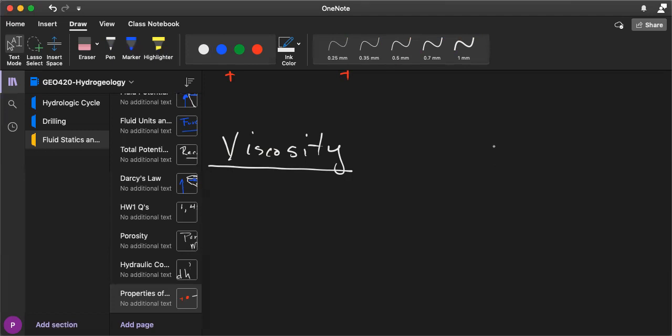When I say this fluid has a low viscosity, what does that mean to you? Yeah, it doesn't move very fast, right? If it has a high viscosity, what does it mean?